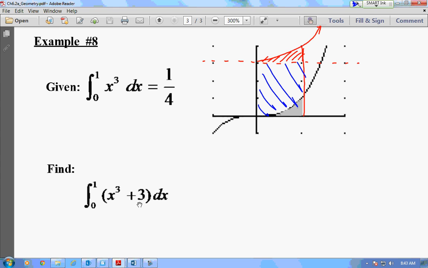In this case, the area is a rectangle plus, what's the area of the red portion? 1/4, because this wedge is the same as the shaded one that they gave us, which was 1/4.